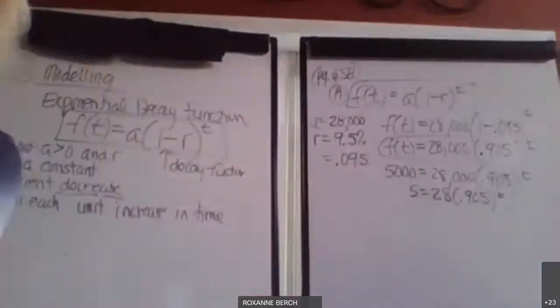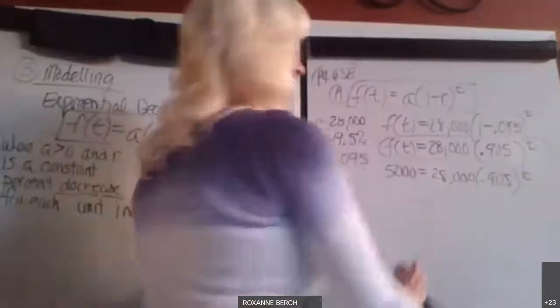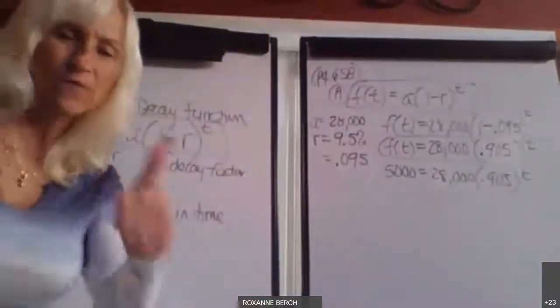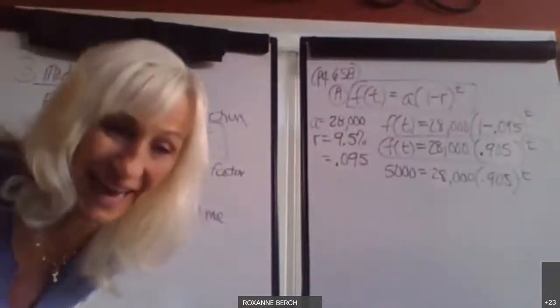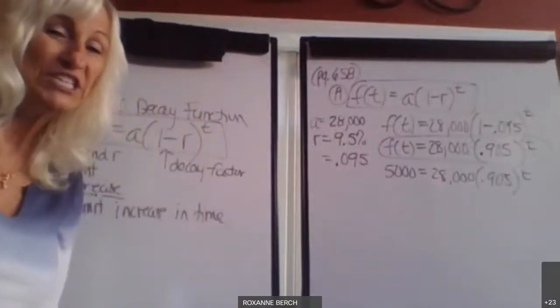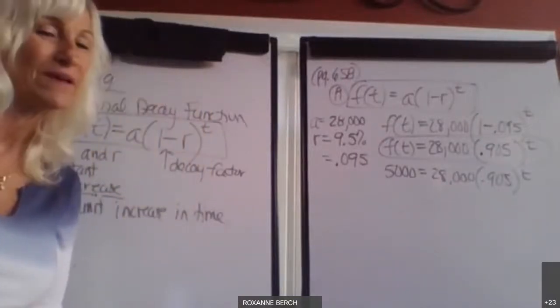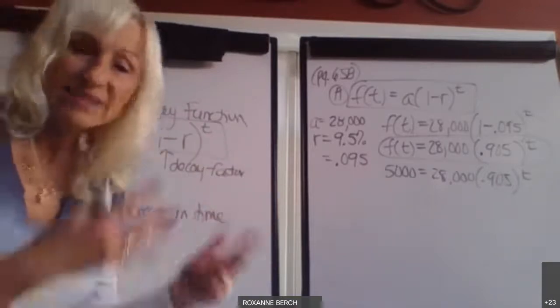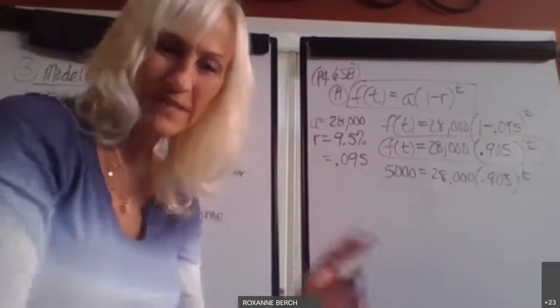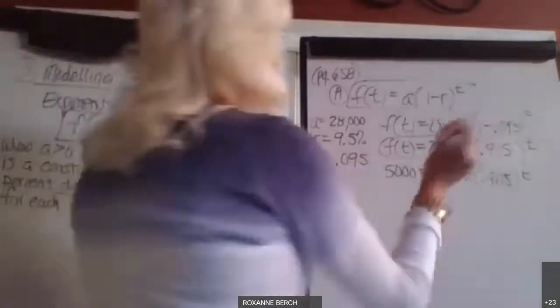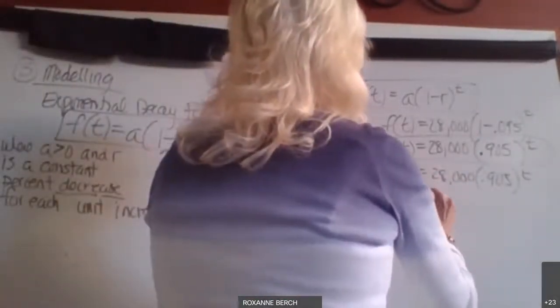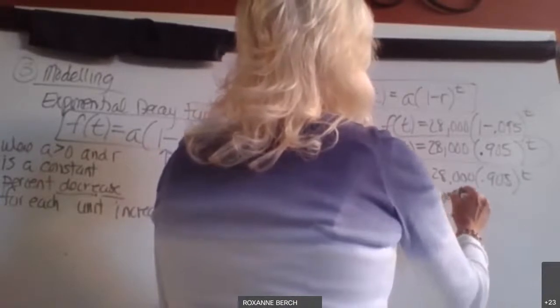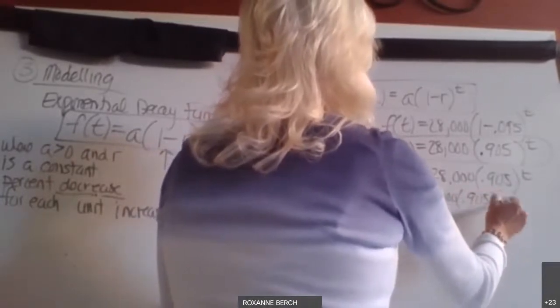It's probably not a good idea though. If we do it by hand, go for it. Since we're using a calculator, we'll do the actual graph. So you realize if I divide by 1,000, our answer is going to be correct, but our graph is going to be deceiving. So let's just leave it like this. So y sub 1 is equal to 28,000 times 0.905 to the t.